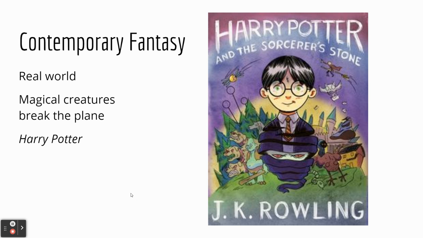There's things called contemporary fantasy. You have the real world. You have magical creatures who break the plane between the magical world and the real world. Harry Potter is the perfect example. There's the world of the witches and Hogwarts. There's the world where Harry is living under the steps, our world.